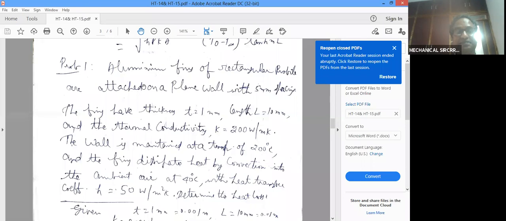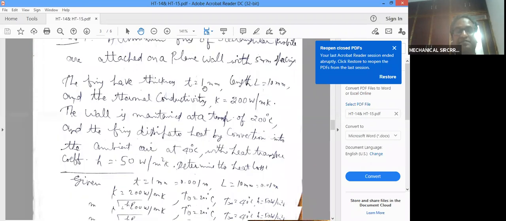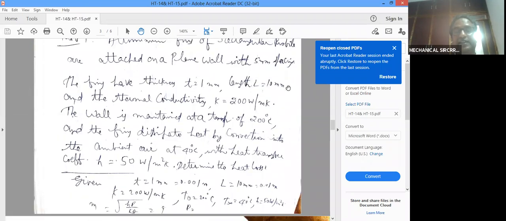The fins have thickness 1 mm, length 10 mm, and thermal conductivity k is equal to 200 watt per meter Kelvin. The wall is maintained at a temperature of 200 degrees centigrade, and the fins dissipate heat by convection into the ambient air.